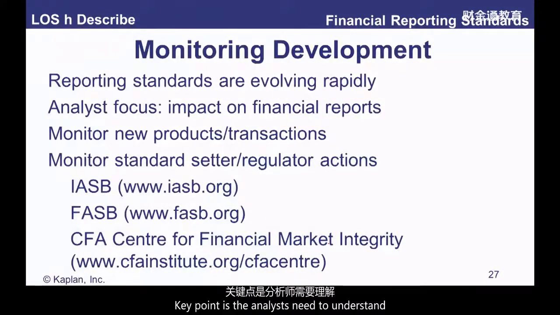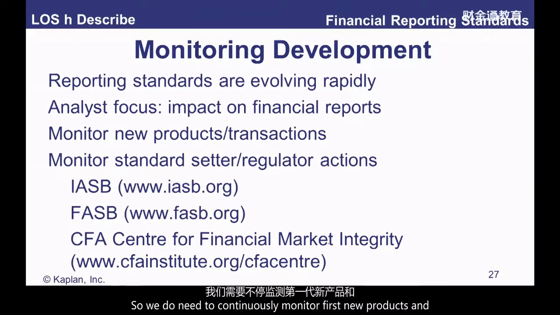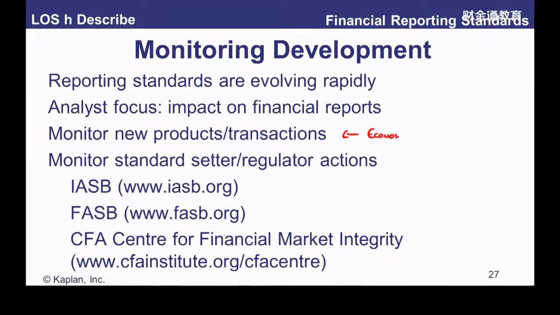The key point is the analyst needs to understand how new accounting principles will affect financial reports, and therefore affect their comparison between companies and the ratios that they calculate. So we need to continually monitor, first of all, new products and transactions, because if there are new products and transactions, how do you report the economic substance?